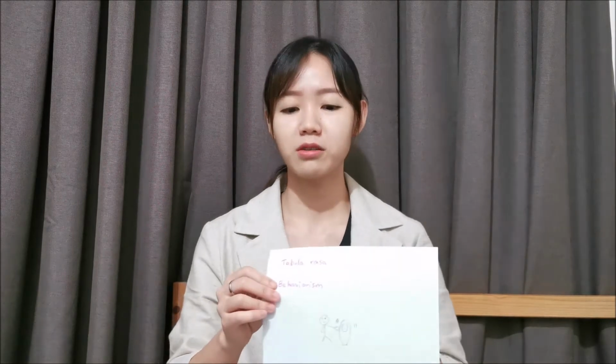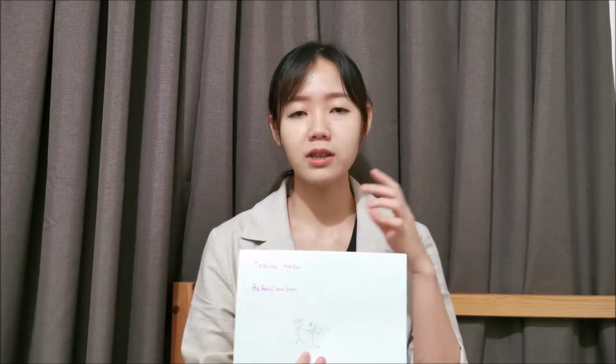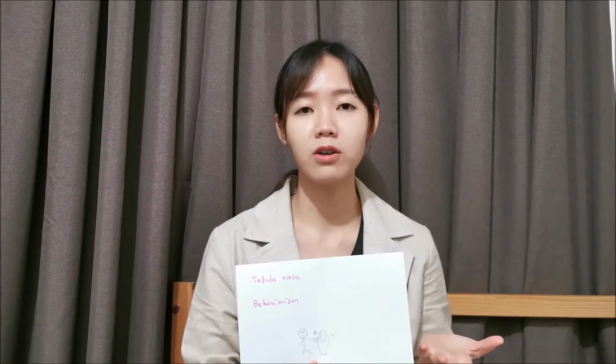All right, talking about environment, we have behaviorism. As I mentioned just now, operant conditioning and social learning theory are both from behaviorism. One of the famous examples is the Bobo doll experiment.